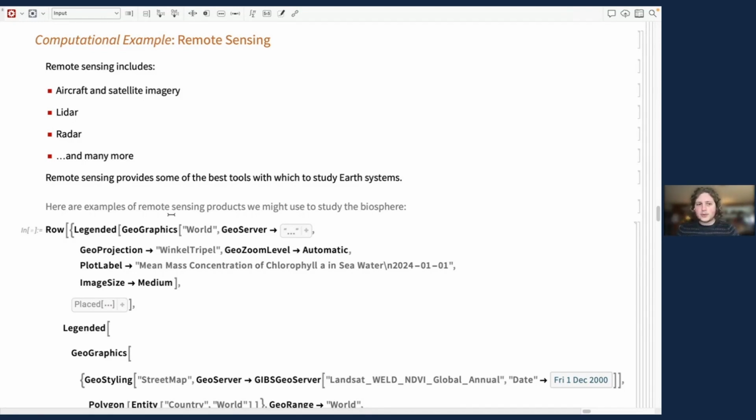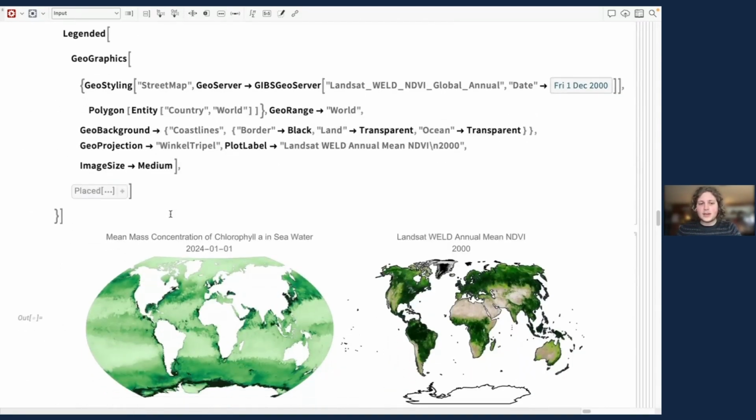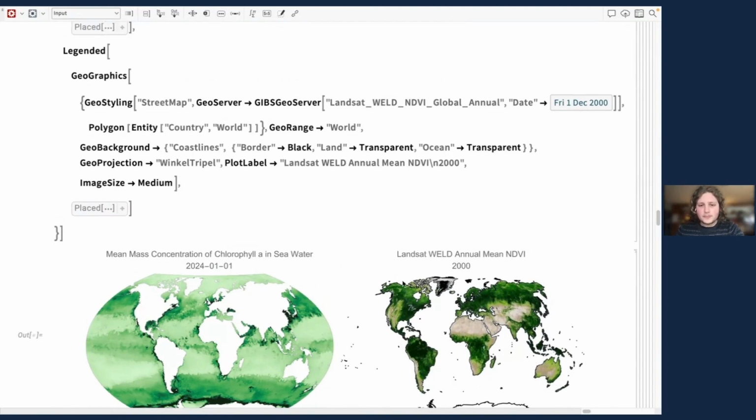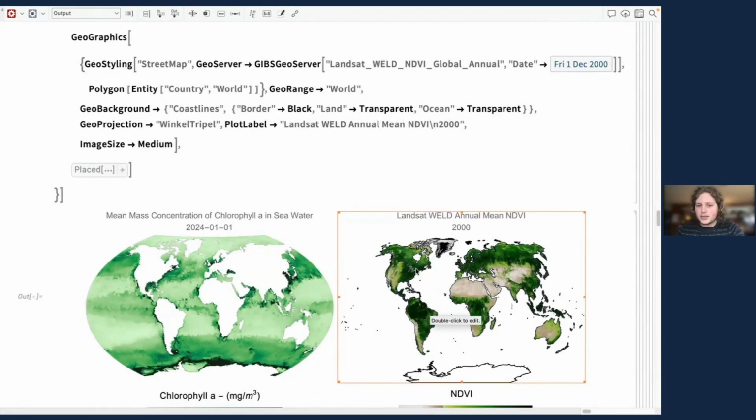So in the Wolfram language, we have remote sensing tools that allow you to bring in and visualize remote sensing data. For instance, here is Landsat vegetation greenness for the year 2000, and here is mass concentration of chlorophyll in seawater on the 1st of January of this year.